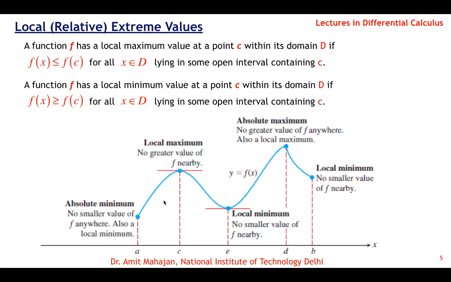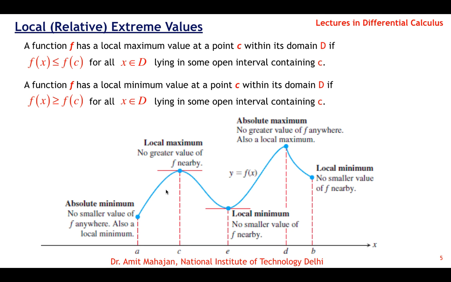Say, for example, you are given this curve of a function y equals f(x). Then you can see that these points are points of local maxima. Here, if I consider this to be a point c, then the value of the function f(c) here is greater than or equal to all function values in the small neighborhood of this.